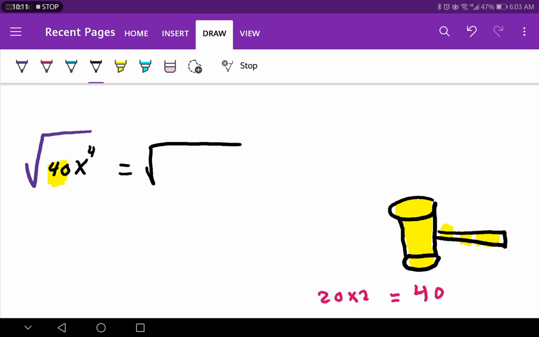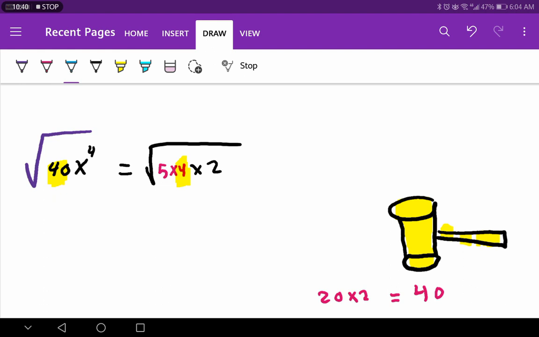Don't be in a hurry. 20 multiplied by 2. And I know the 20 comes from 5 multiplied by 4. Yes. Now I get my perfect square number.